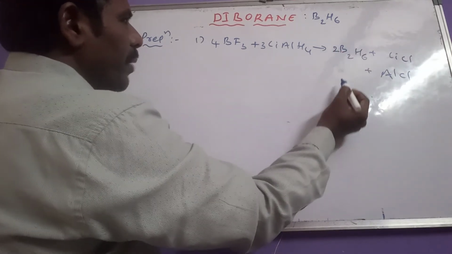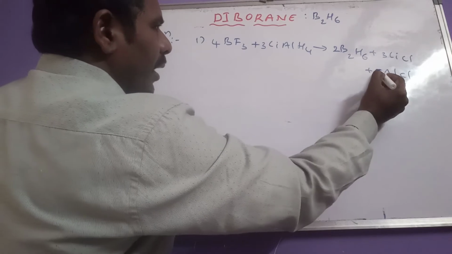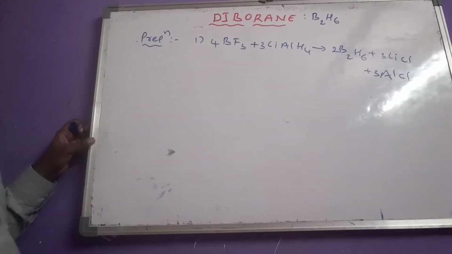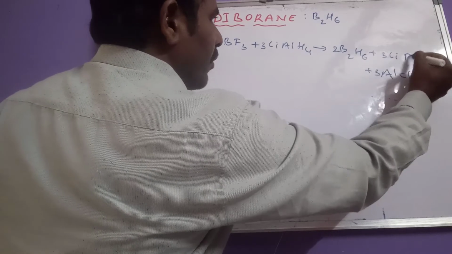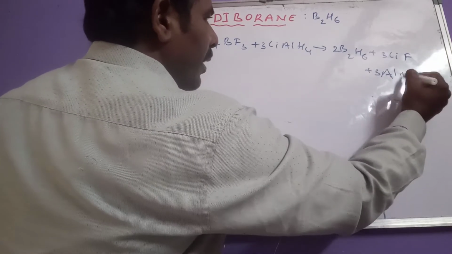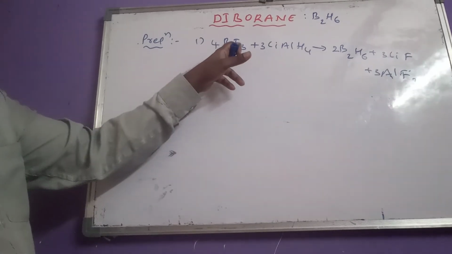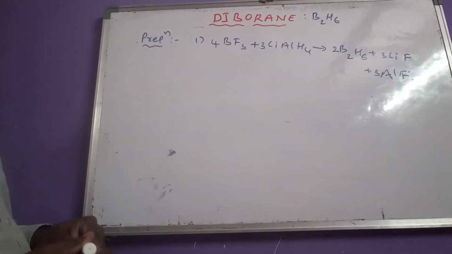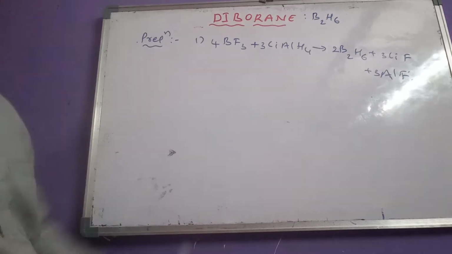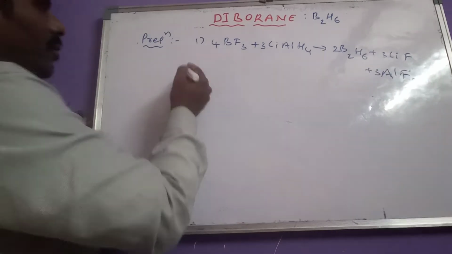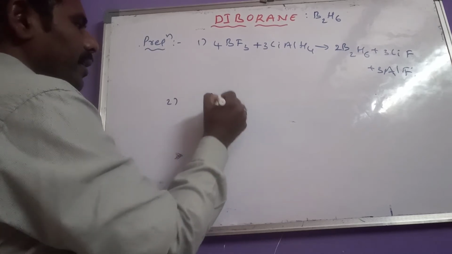We get 2B2H6, 3LiCl and 3AlCl3. Sorry, not chlorine here, we have to write fluoride: aluminium fluoride, lithium fluoride, because we have taken boron trifluoride. So this is the first method of preparation for diborane.